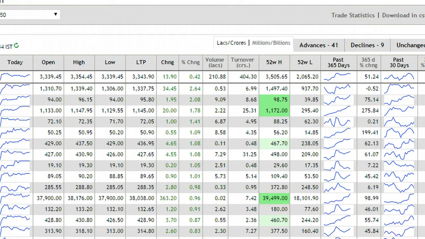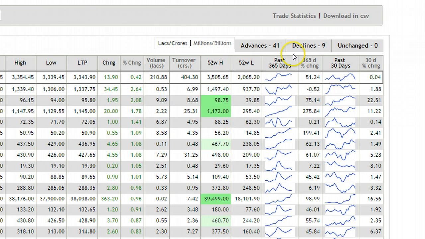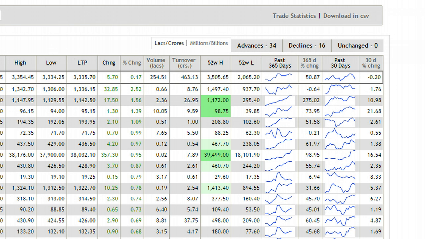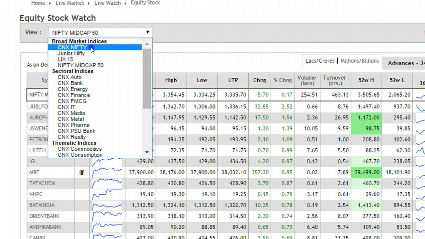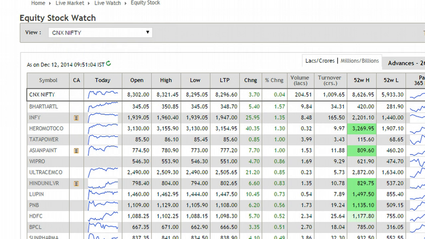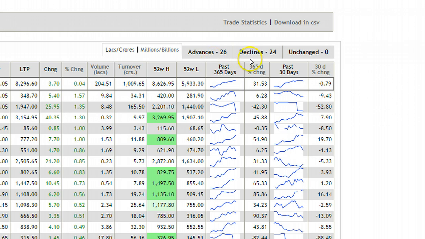So you can see at the rightmost corner here the advances to declines. Today the opening at least is kind of positive. You can see that in the mid cap index the advance to decline ratio is 34 to 16, and you can select Nifty also and check the advance to decline ratio. The advance to decline ratio is neutral kind of in Nifty.